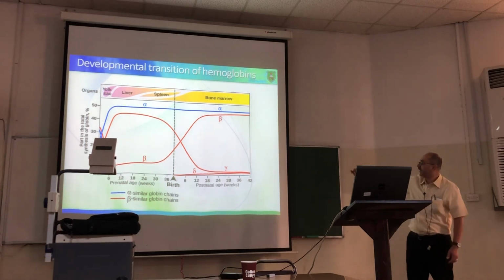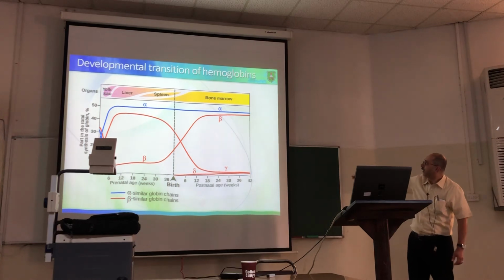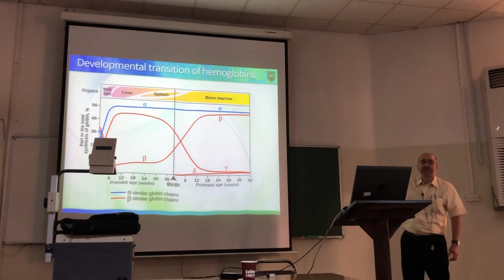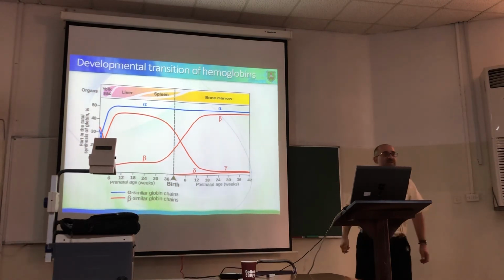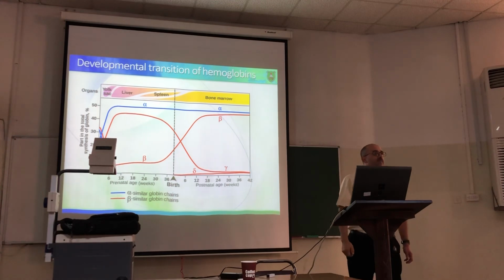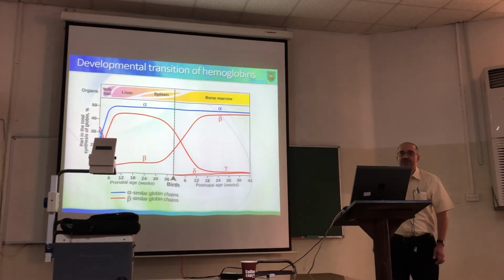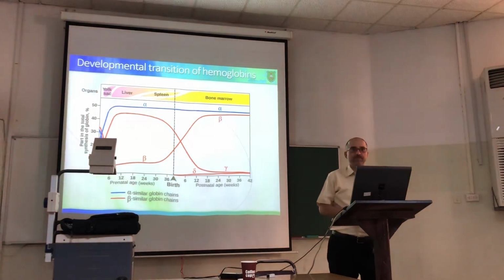In the adult stage, you have alpha 2, beta 2, red and blue together. You have alpha 2, gamma 2, and you have alpha 2, delta 2 as well. Alpha 2, beta 2 is known as HbA1. HbA2 is alpha 2, delta 2. HbF is alpha 2, gamma 2.